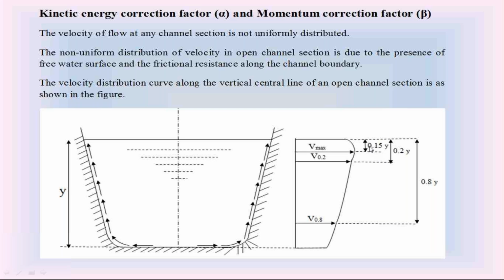After that, the velocity gradually decreases with depth and becomes minimum at the bottom of the canal. Like this, the velocity of moving water in the canal from top to bottom is not constant or uniform. It is a non-uniform distribution.